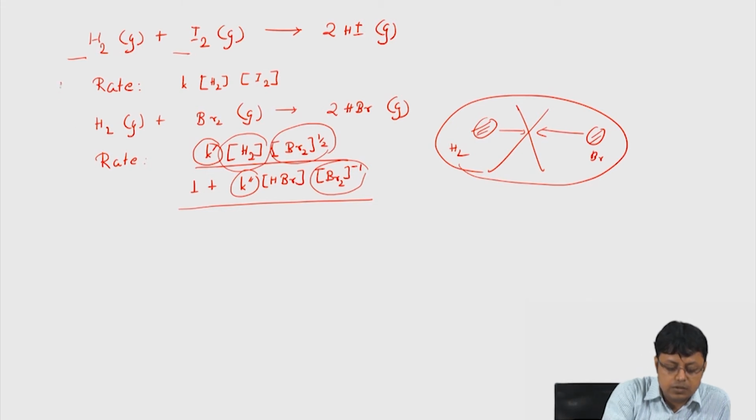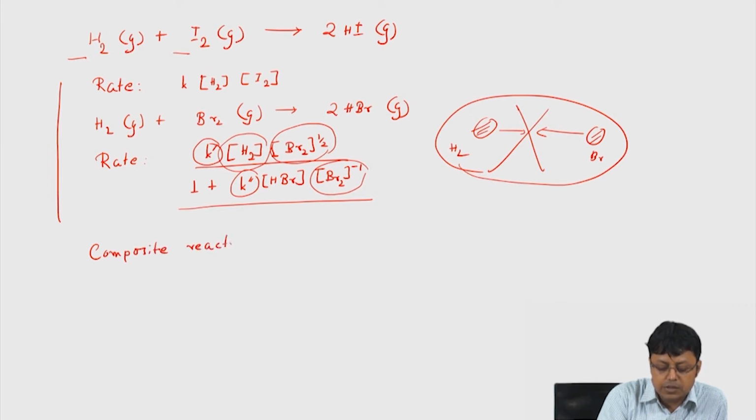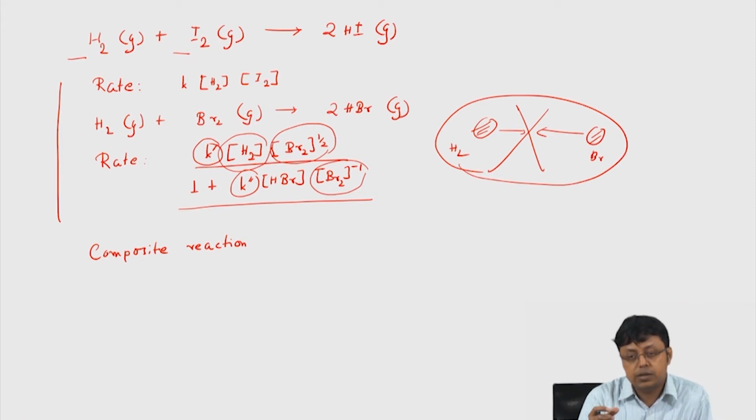All these reactions which we are considering are called composite reactions, in the sense that they are composed of many elementary or very fundamental reactions, where the two components come and collide against each other, and then they form some intermediate species, and that intermediate species further reacts with some other component to give you the reaction.